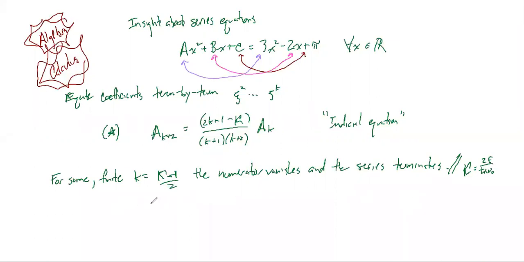So if you solve this, you get the fact that, so this is the integer where the series truncates.